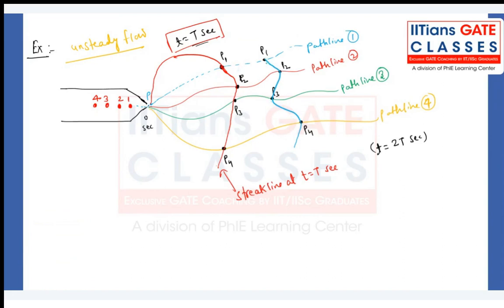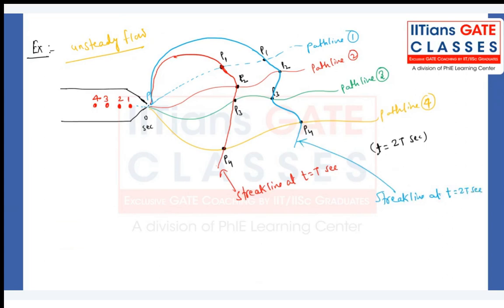I will connect this point to the starting point, because everything is injected through a starting point. So I will just connect this to the starting point like this. So this is my streak line at small t equal to capital 2T second. Make a note of it.